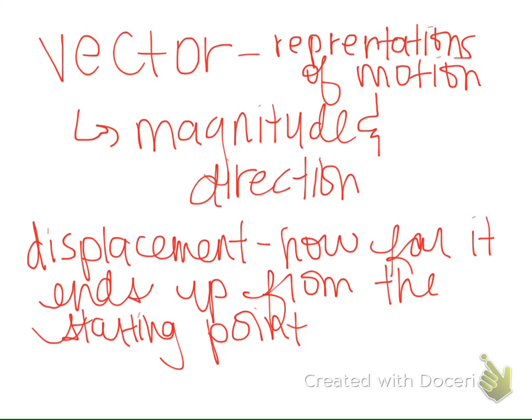Okay, can you think of any other types of vectors that we've looked at? We've done displacement, we've done force vectors. What other things do we know have to have a magnitude and a direction? Velocity and acceleration. Those are also two other types of vectors that we've looked at thus far. Okay, so we've talked about displacement, velocity, acceleration, and forces as being types of vectors.